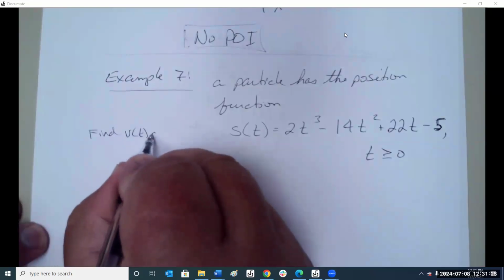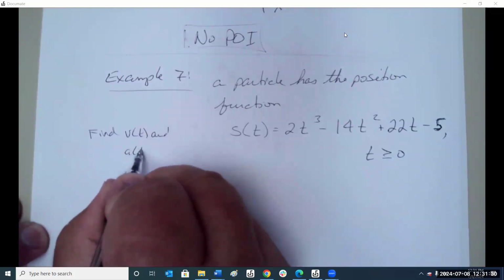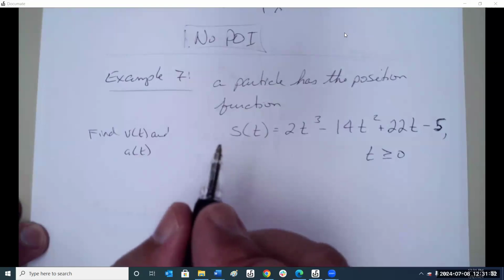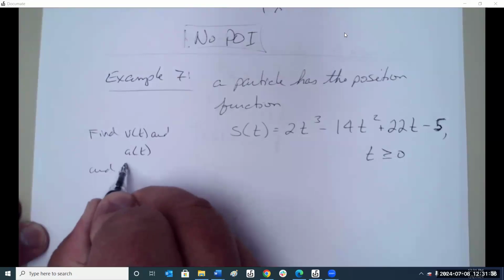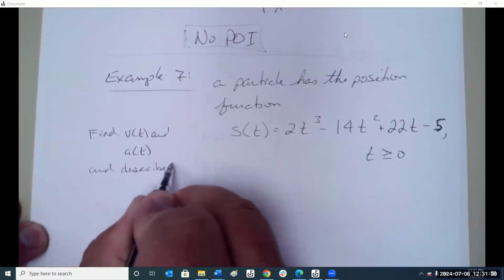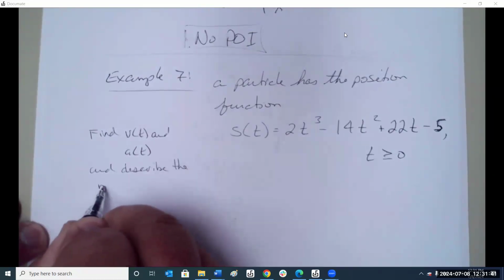Find v of t and a of t, and describe the motion.